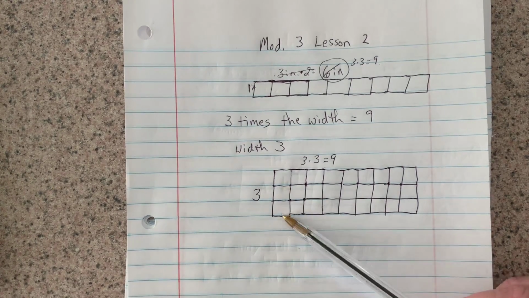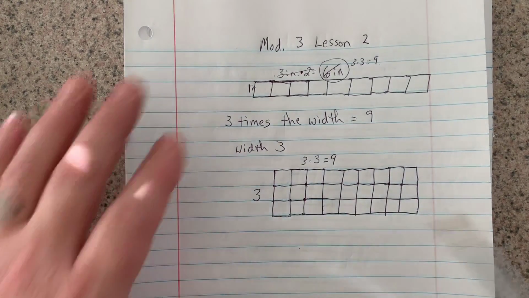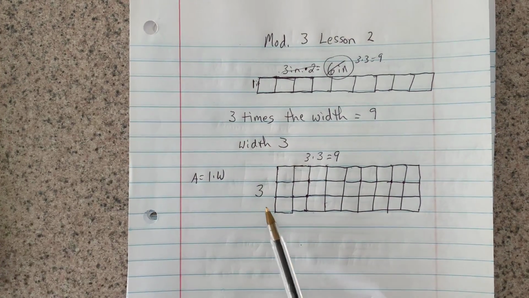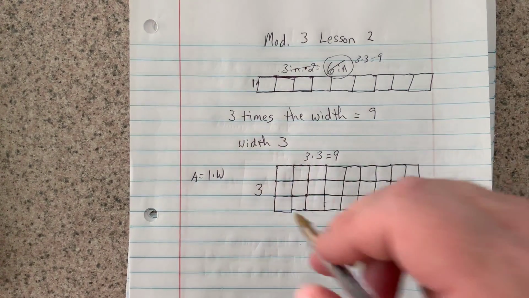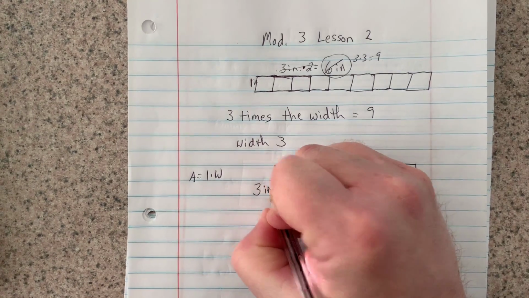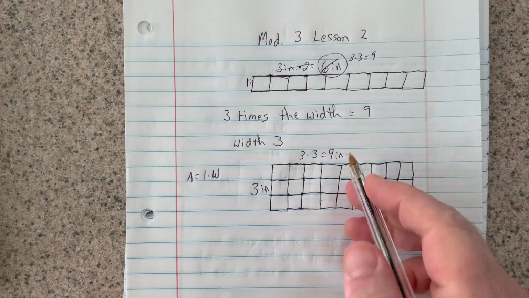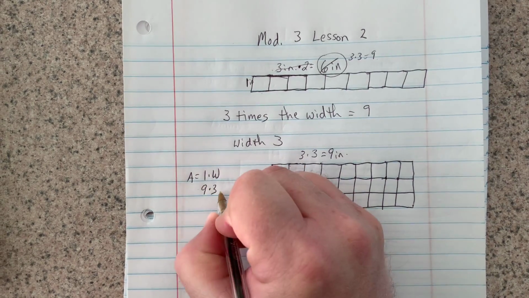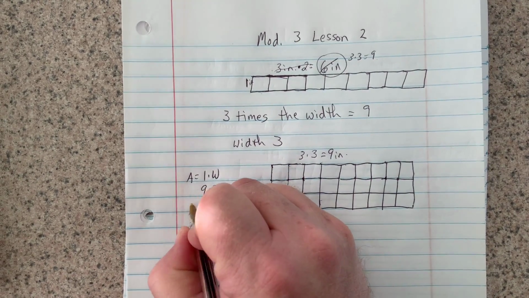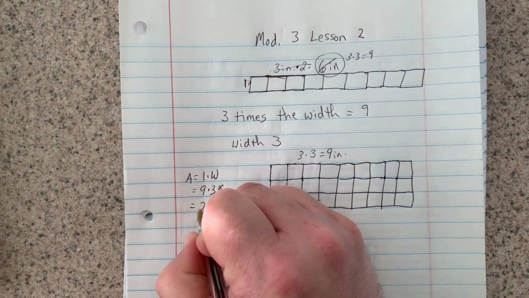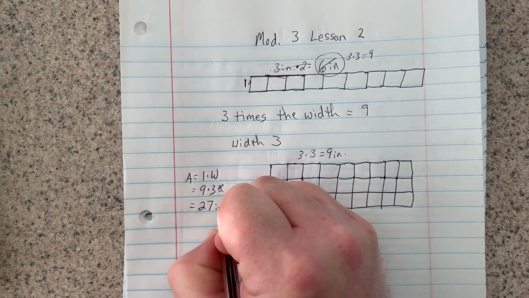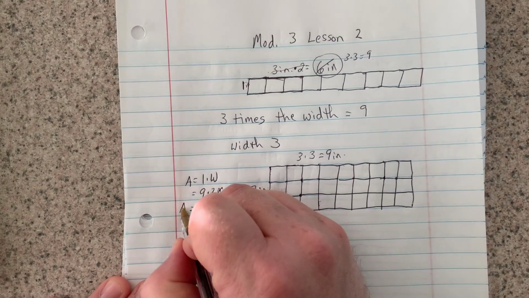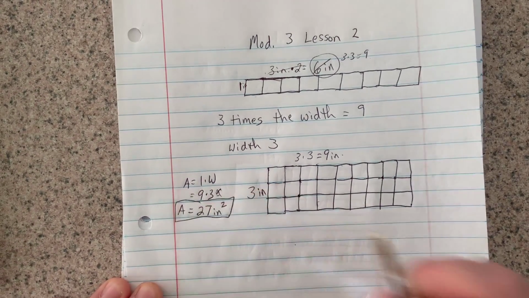You can see we have 3 for the area. Area equals length times width. So we have 3 inches and 9 inches. So 9 times 3 equals 27 inches squared. Okay, that's the area.